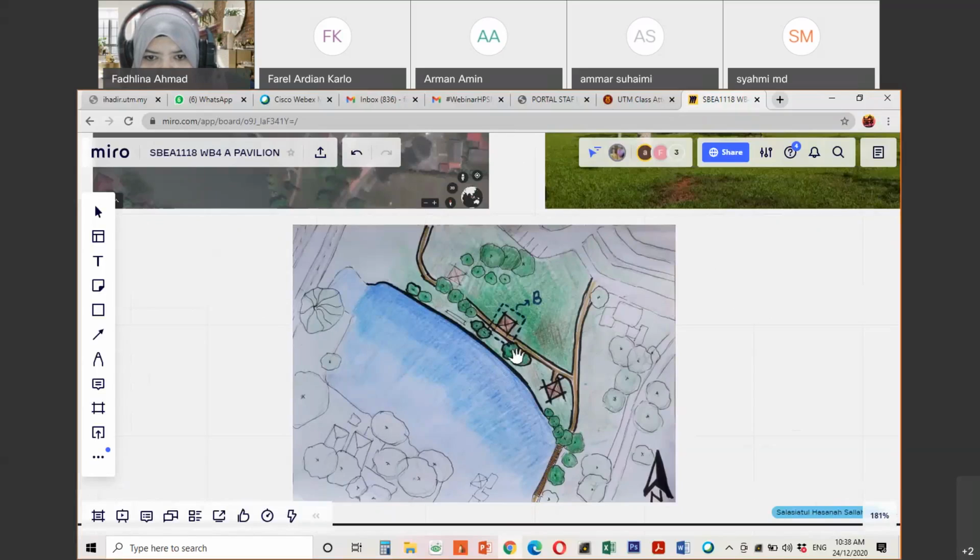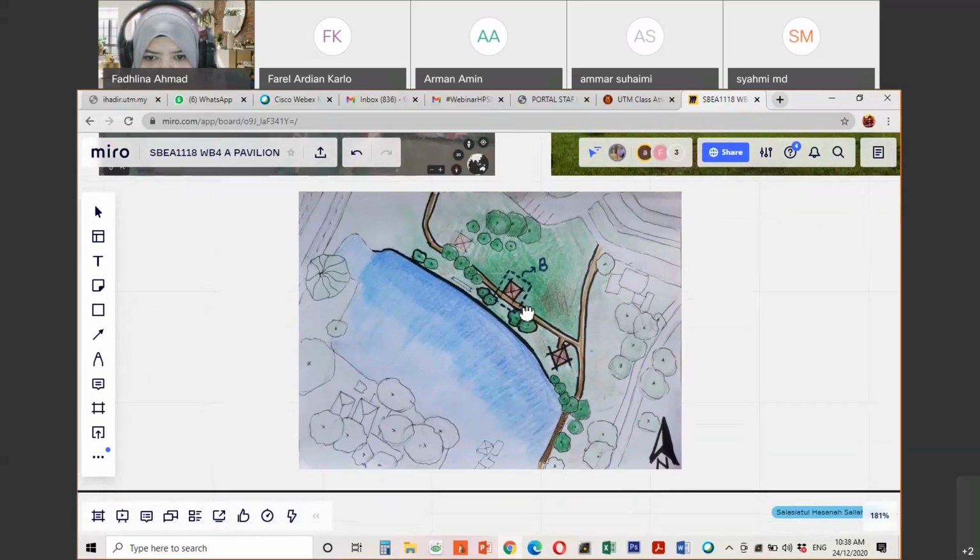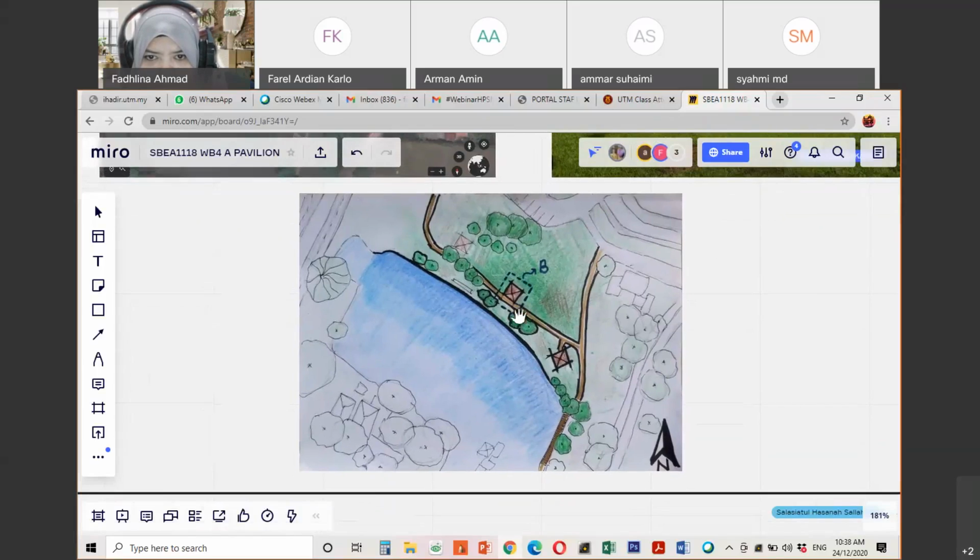This is actually me trying to make the site plan. I tried to redraw the plan from the top view. And you can see I put our site to design our pavilion there.